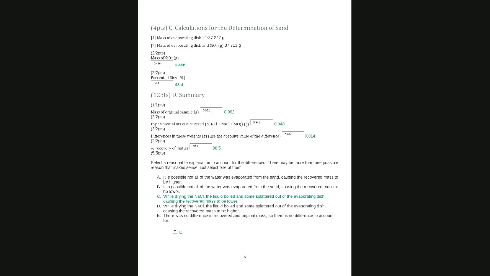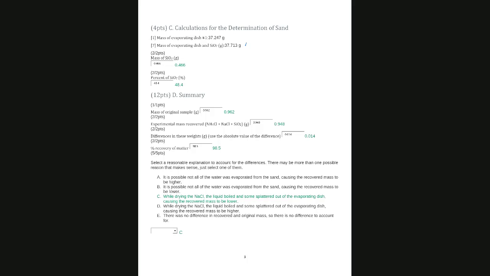In our case, it will be this number minus the mass of the evaporating dish. That's very simple because the data is given. And look at the sig figs, 3 digits after the decimal point. And the percentage, same way as we calculated before.